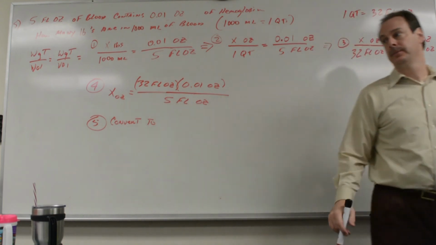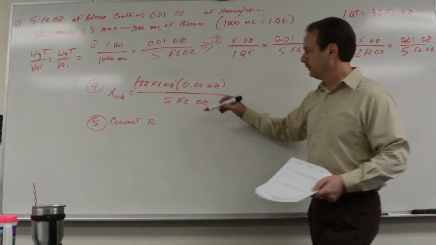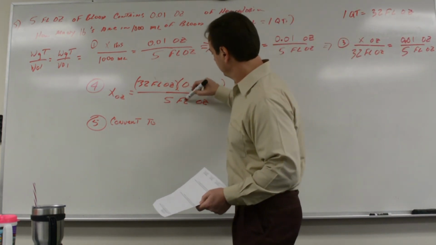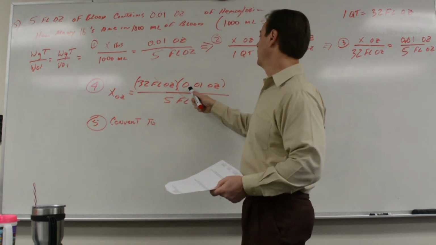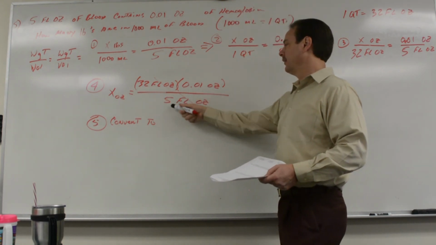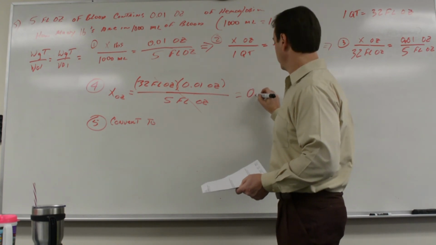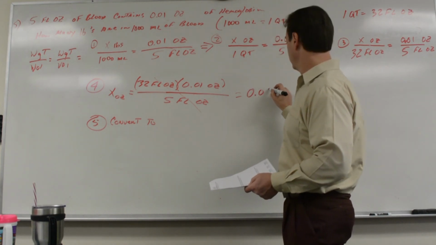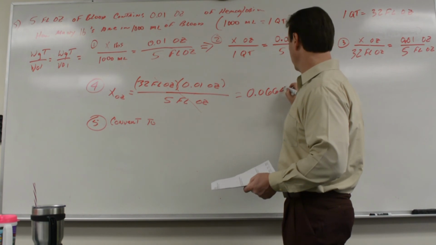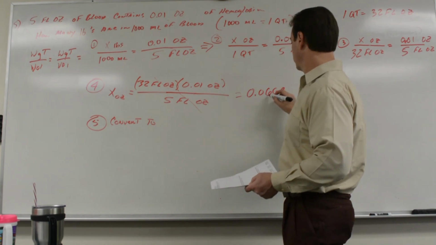What cancels? Fluid ounces and fluid ounces, right? So if we multiply 32 times 0.01 and then divide by 5, what are we going to get? 0.064 ounces.